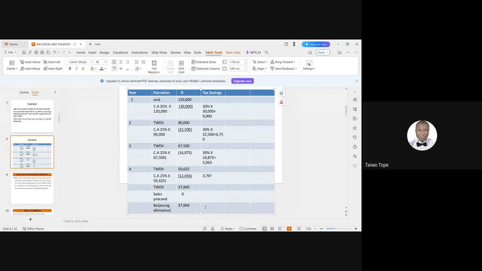The tax savings on 37,969 will be what? That is 37,969 multiplied by 30%. 11,391. The figure is 37,969.